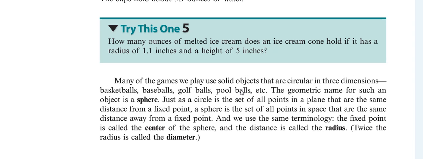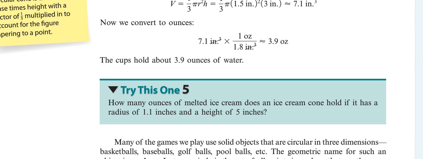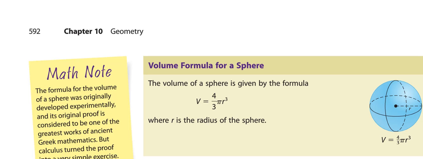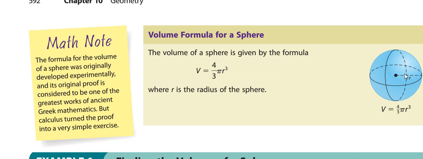Okay, the next geometric figure is what we call a sphere. It's really called a sphere. Some people call it a spear, but the correct pronunciation is sphere. So this is an example of a sphere.